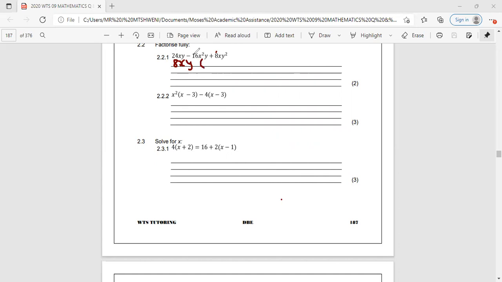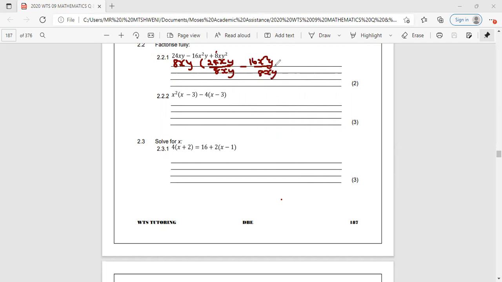Then I'll use this method. I'll write again 24 what? Divided by what? 8 what? XY minus 16 x squared y divided by 8 what?